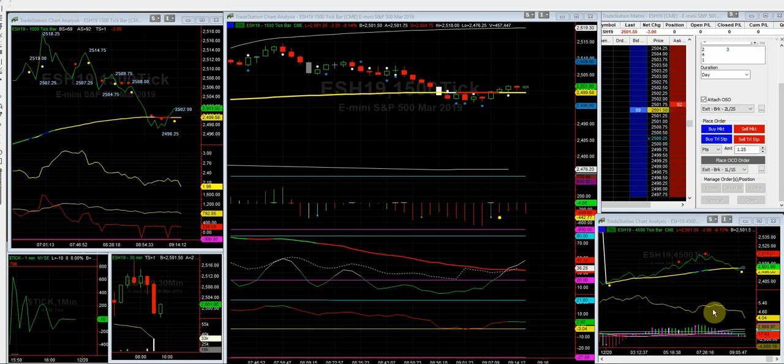So it's not like there's a great influx of buyers coming in, demanding more and willing to pay a higher and higher premium for it. Although price is going up, the range itself is getting smaller. You can understand this concept a little bit better by putting on a 30-minute time chart here. And essentially, what that is telling you is another type of indication on what the strength of the price movement may be.